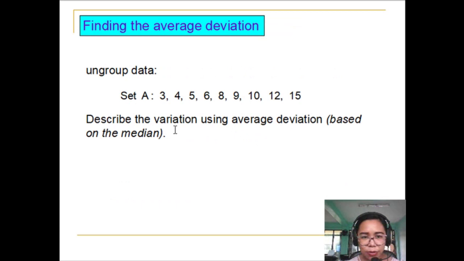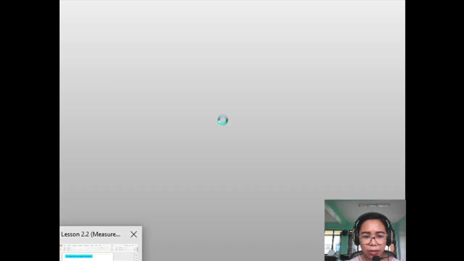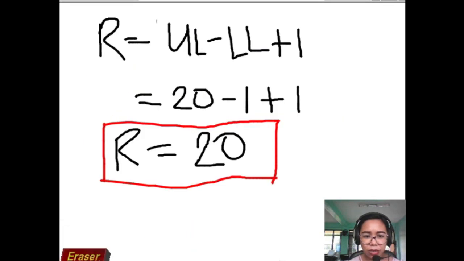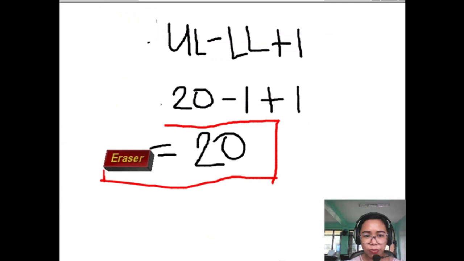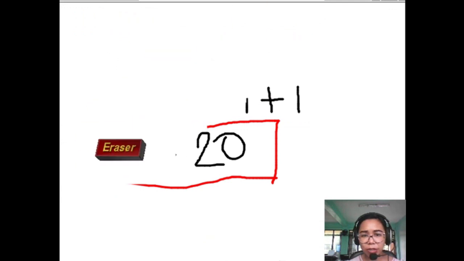So we will use this example to solve for the average deviation based on the median. We calculate first the median, since we need the median value to calculate for the absolute deviation. So let's start with the median.